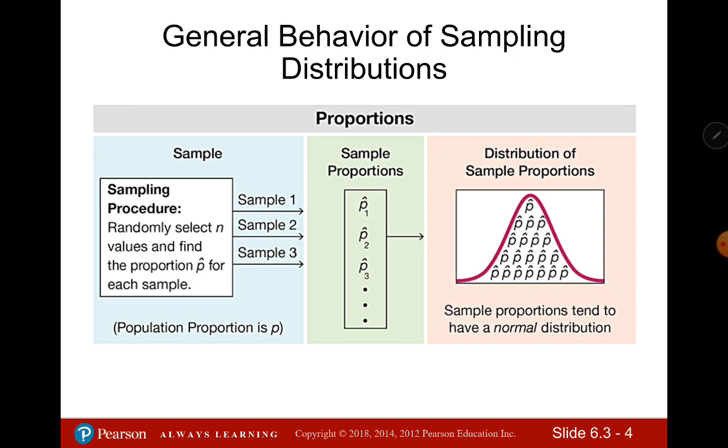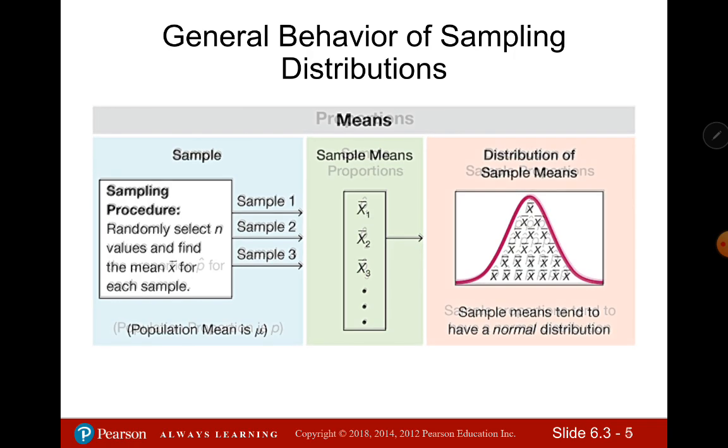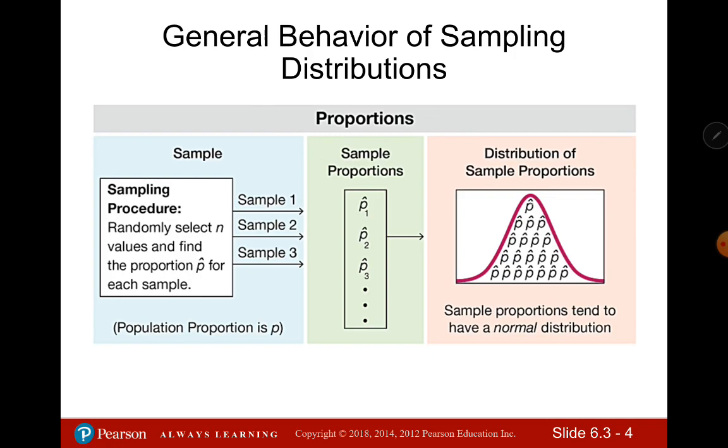That's the first property. And the second property, if this follows a normal distribution, then the mean of the p hats is just the original mean for the population.